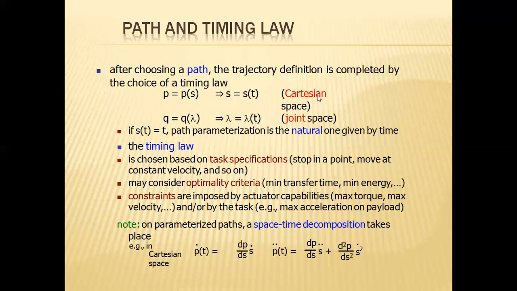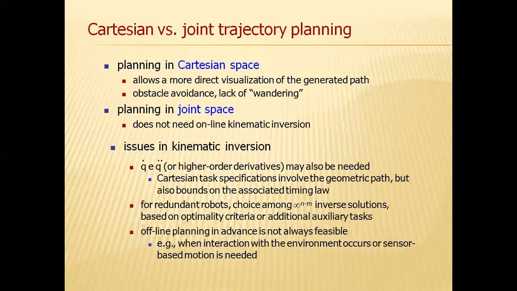Either in the Cartesian space, p dot of t leads to the derivative of p with respect to s, that is nothing but the displacement. Likewise in the joint space, further, p double dot of t relates to p double dot with respect to the displacement plus d square p by ds square of s dot square. So double derivative, incrementing from one section to another section.